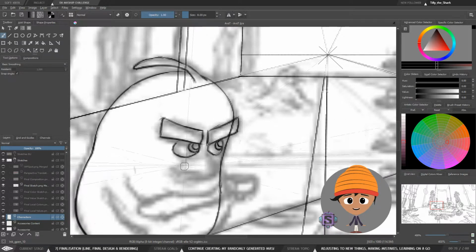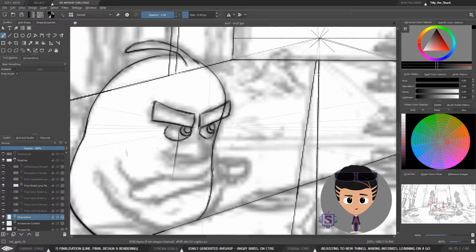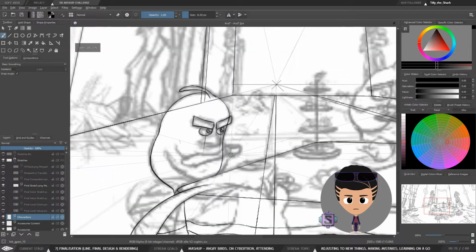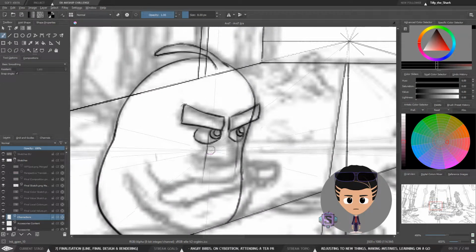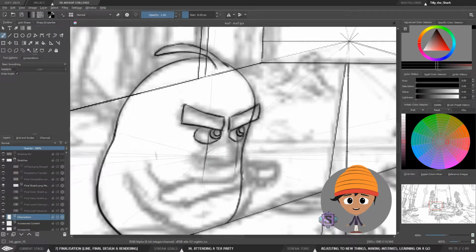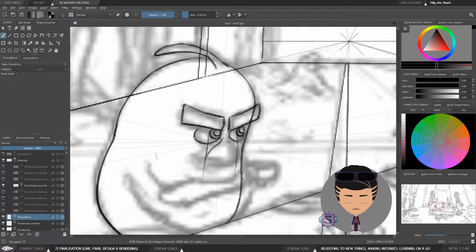So let's just try to assume that beak has to go in here and somewhere in here. Also, it could be pretty low positioned.